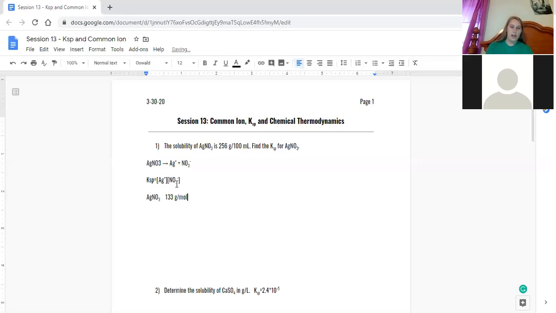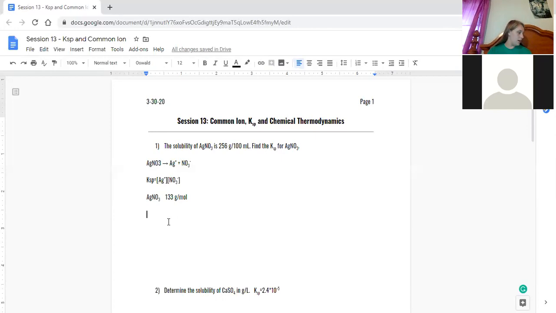And then we can use this information to go ahead and find the number of moles and find the molarity of it. So first, let me just write this and show you.